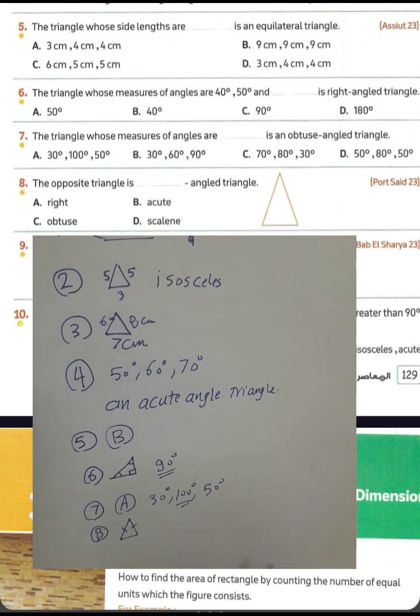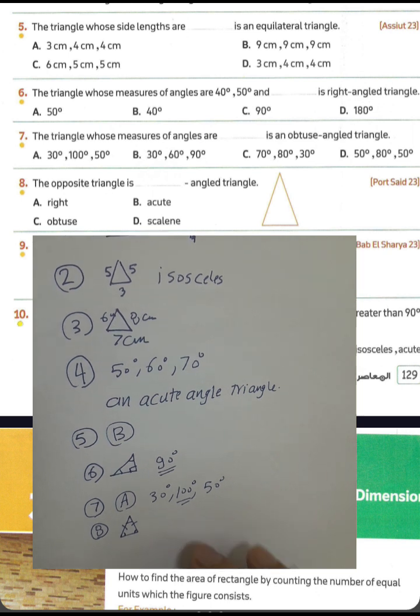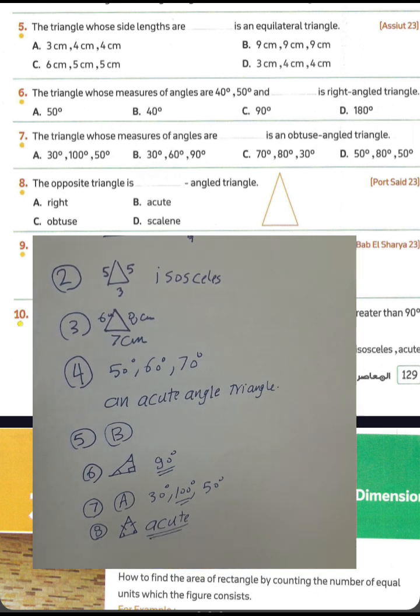We know this angle is acute, this angle is acute, so it is an acute angle triangle, because he asked about the angle. Don't write isosceles here, because he asked about the angle. Understood? We must choose from A, B or C. It will be an acute angle triangle.